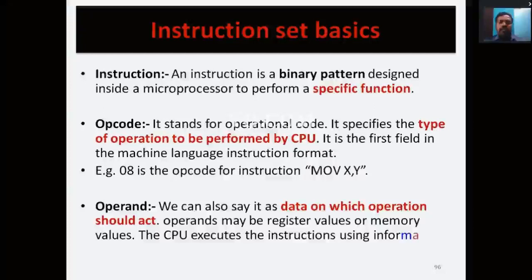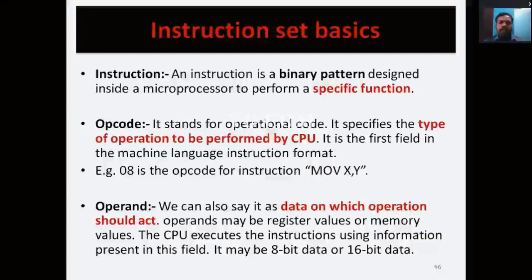The first term is instruction, and an instruction is a binary pattern that is designed inside the microprocessor to perform a specific function. It's some binary pattern, like the pattern lock in our mobile phone. If you give the correct pattern, the lock will unlock, otherwise it stays locked. In the same way, an instruction is a binary pattern.